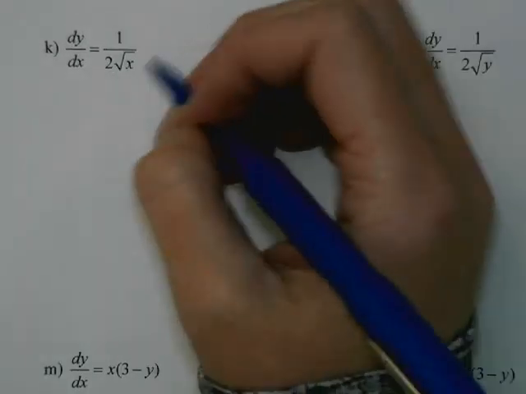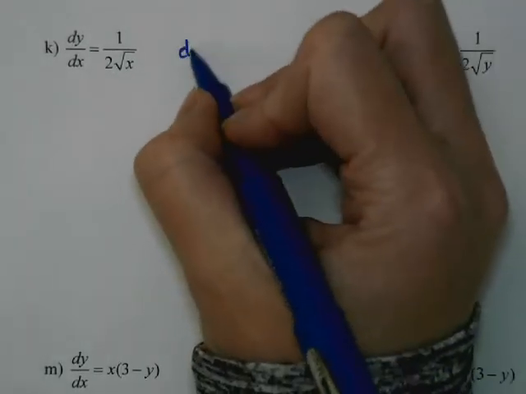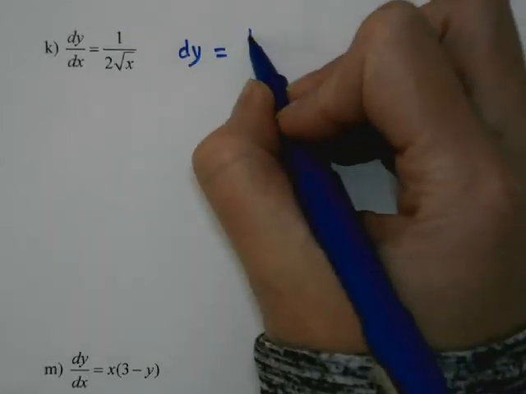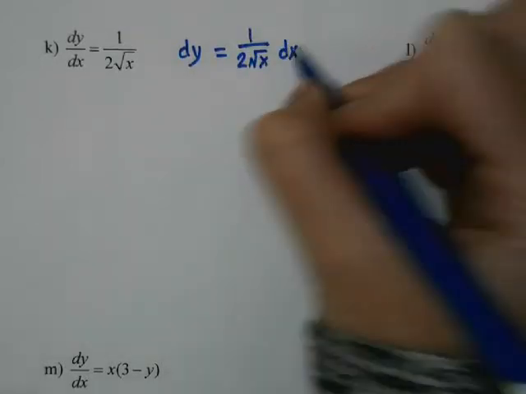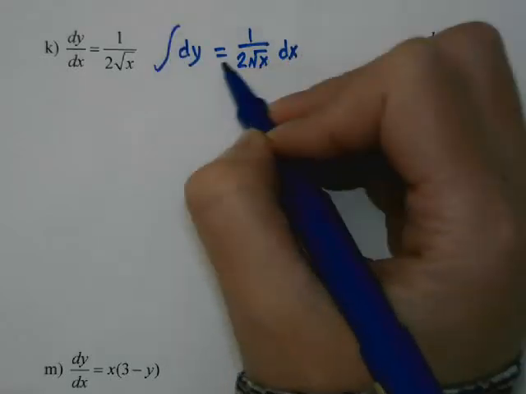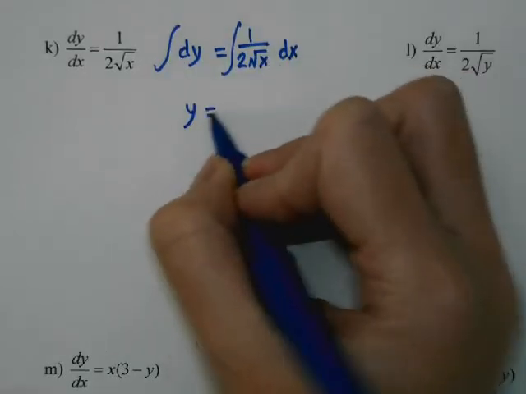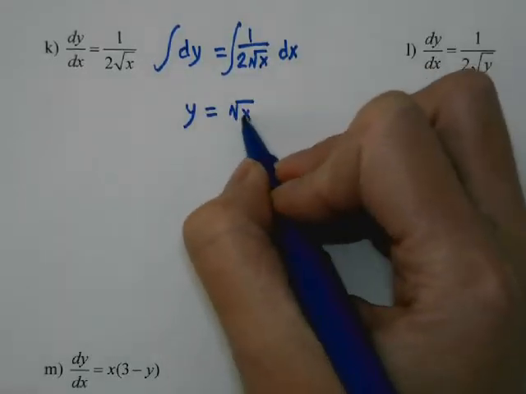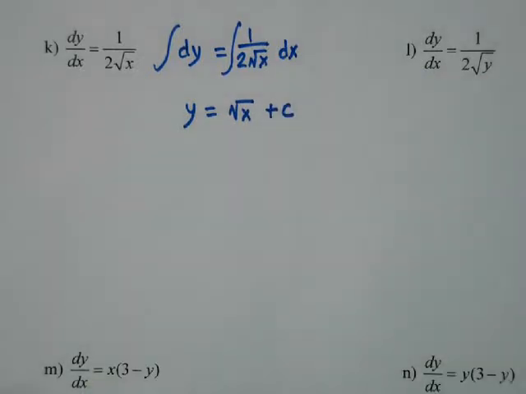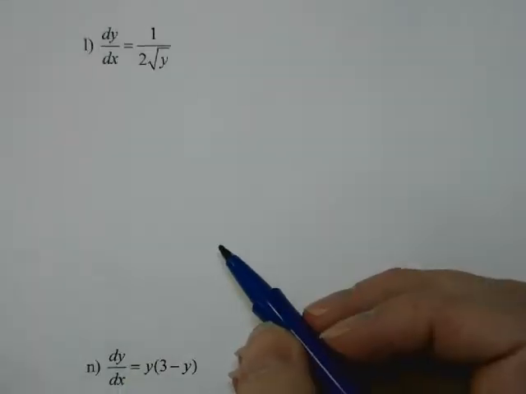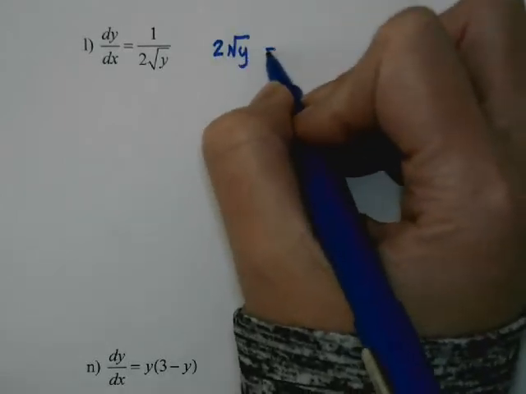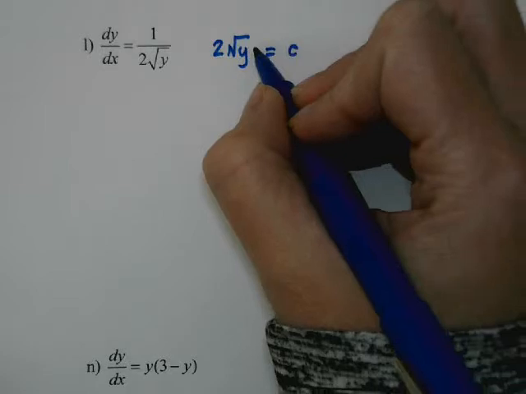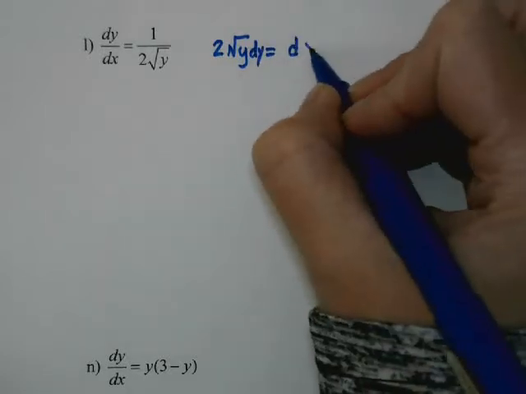Okay, here I have 1 over 2 root x, so we're going to have dy is equal to 1 over 2 root x dx. So the integral is going to be y equals the square root of x plus c. Here we're going to have 2 root y dy equals dx.